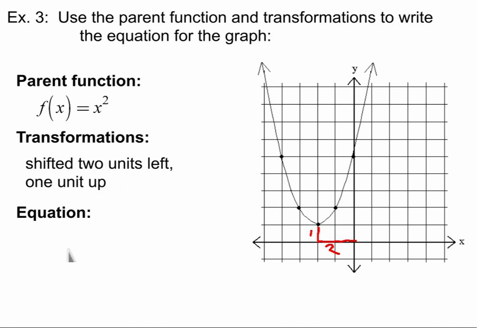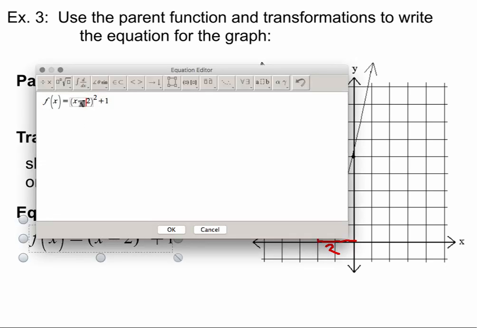So I'm going to use that to write my equation. All right, so I don't need to have anything on the outside. Inside my parentheses, 2 units left is represented as, oh, this shouldn't be minus 2, it should be a plus 2.